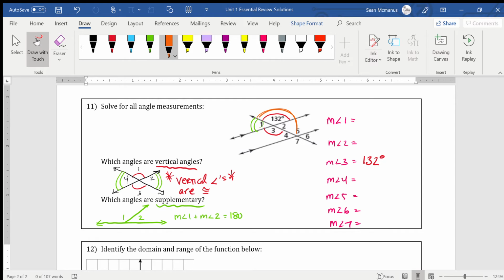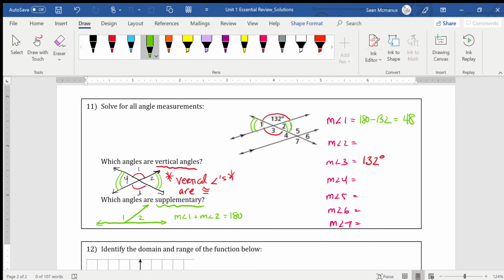That makes sense because 1 and 2 are vertical with each other. Those are equal. So I could add either one of those to the 132 and I should get 180. So you can see why this works. Angle 1 is whatever I need to add to 132 to get to 180. That looks like it would be 48. So that would be 48 for angle 1.